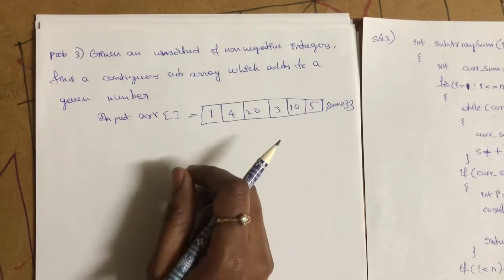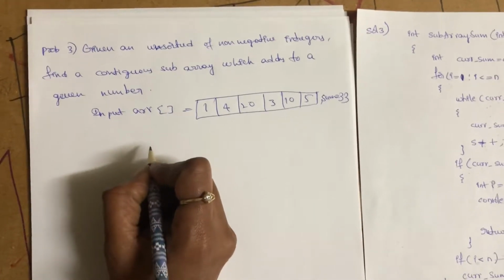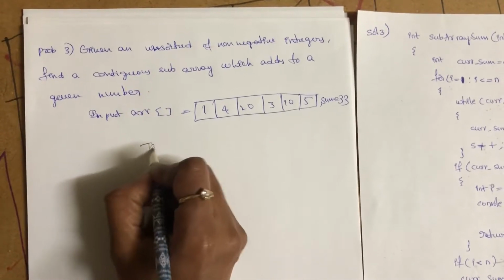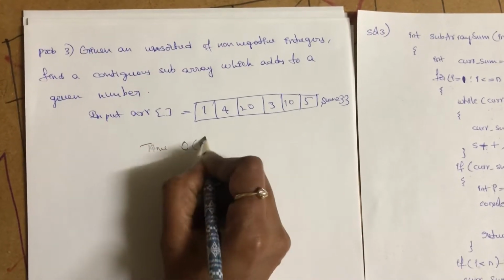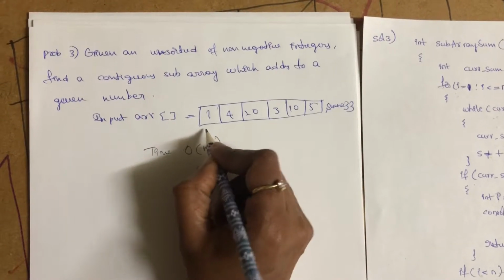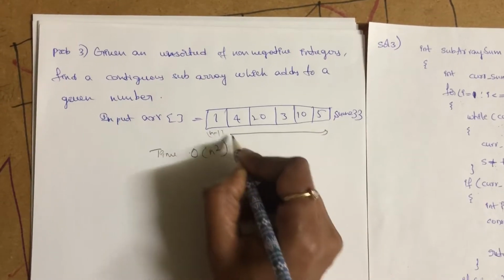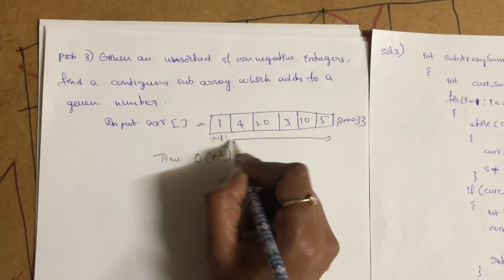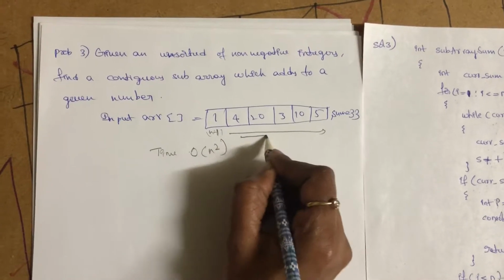That is one type of solution, but it is not efficient because the time complexity of that approach is order of n square. It starts from the first element and goes through the entire array, then moves to the next, and has to do all the sub arrays.